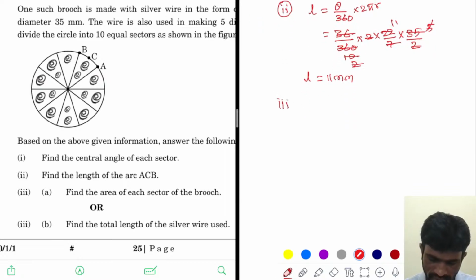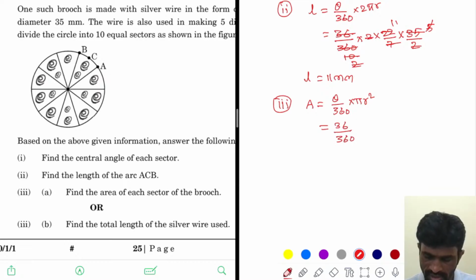Now the third question: they are asking to find the area of each sector. Area of sector formula is theta by 360 into pi r square. Or you can also use L into r by 2 because you already know L. So it is going to be 36 by 360 into 22 by 7 into 35 by 2 into again 35 by 2. Tens are cancelled. 7 ones are 7, 7 fives are 35. Again 5 ones are 5, 5 twos are 10, 2 ones are 2, 2 elevens are 22.